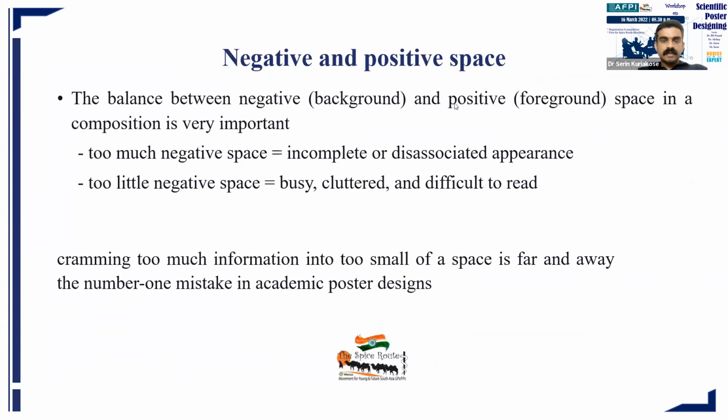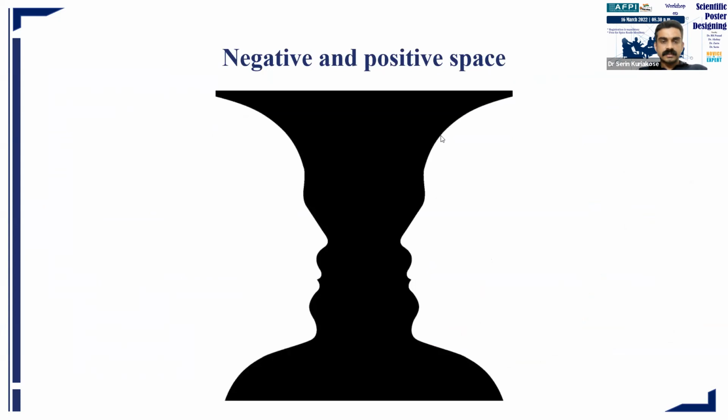So what is a negative space and a positive space? Can everyone answer this? What do you see? Two faces or one vase? What do you see? Please answer quickly. Both.